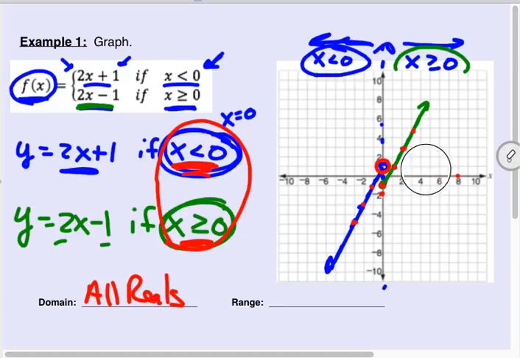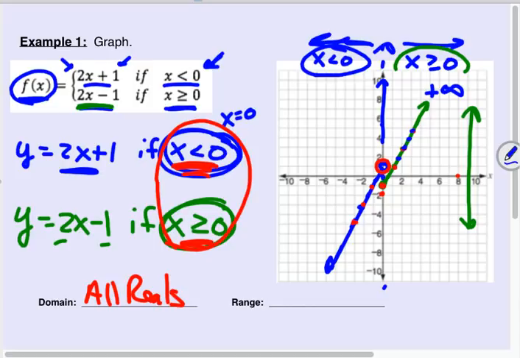Your range, now that's your y values going up and down, right here. Are there any not covered? Well, when you look at this green one first, it starts at -1. It goes to 0, 1, 2, 3, 4, 5. It keeps going up. As it goes up for your y values here, it's going to get to positive infinity.